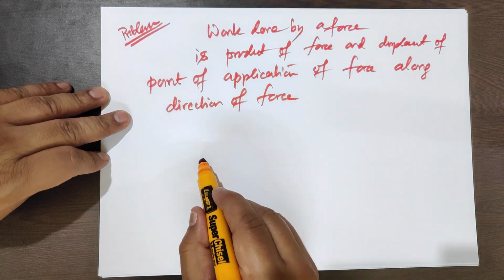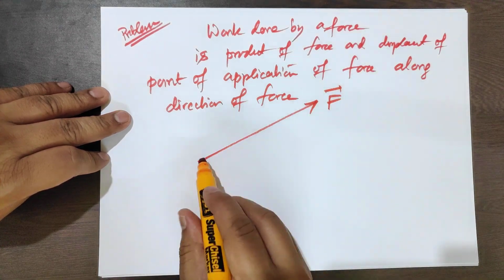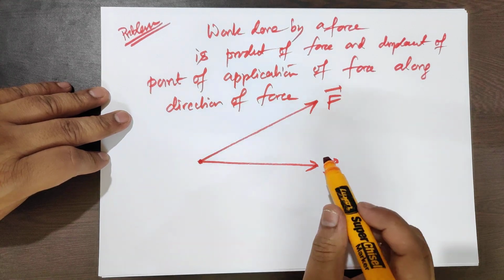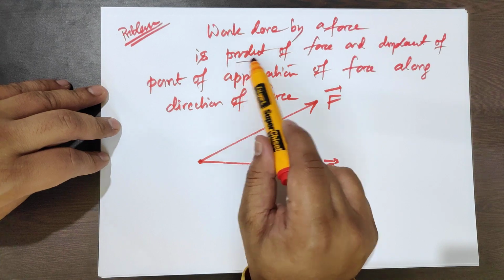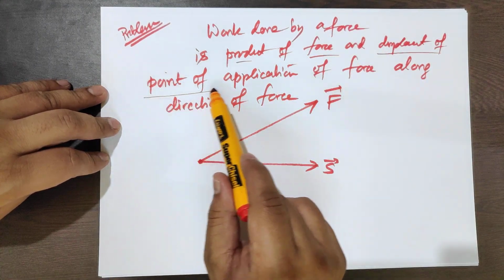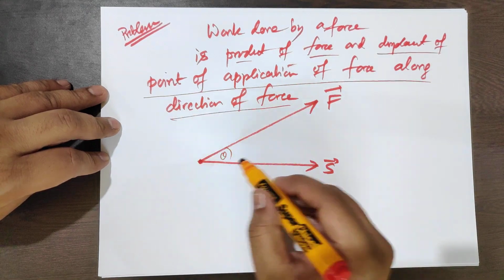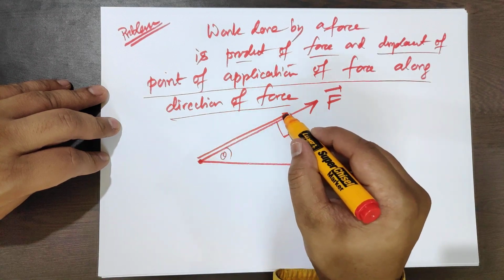Suppose at a point you are applying a force F here, and due to that the displacement is this way, S. Displacement is a vector. Now what's written? Product of force and displacement of point of application of force along the direction of force. That means if this angle is theta, you have to find this component of displacement in the direction of force.